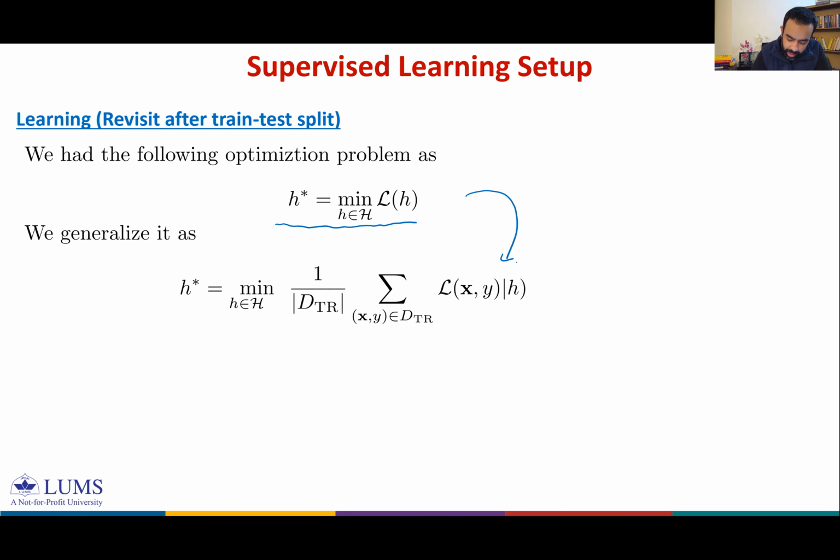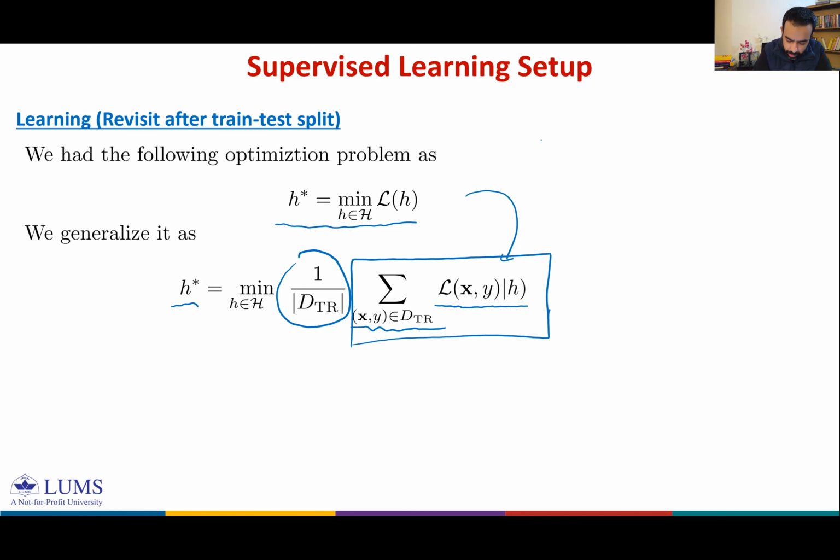So what we want is, we want to pick H star such that we evaluate loss on every point. This is the loss on every point. Which point? Point in the training data. And we sum over all the training data points and we divide by the number of training data points.